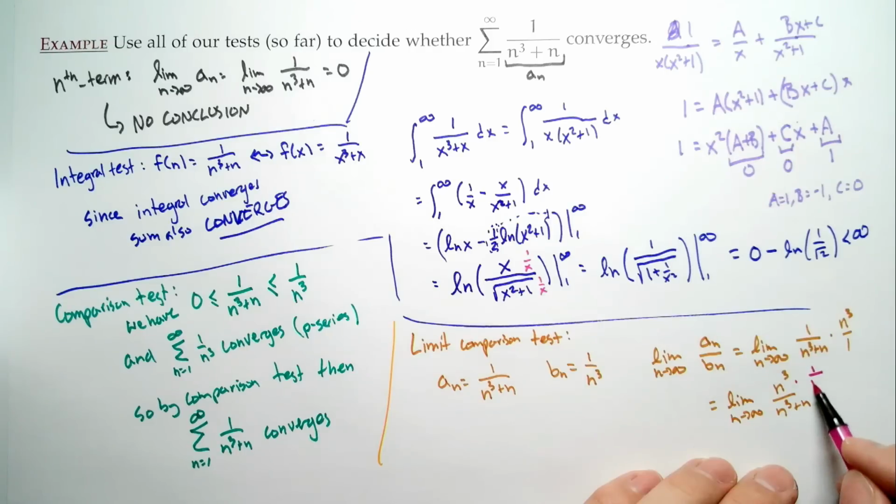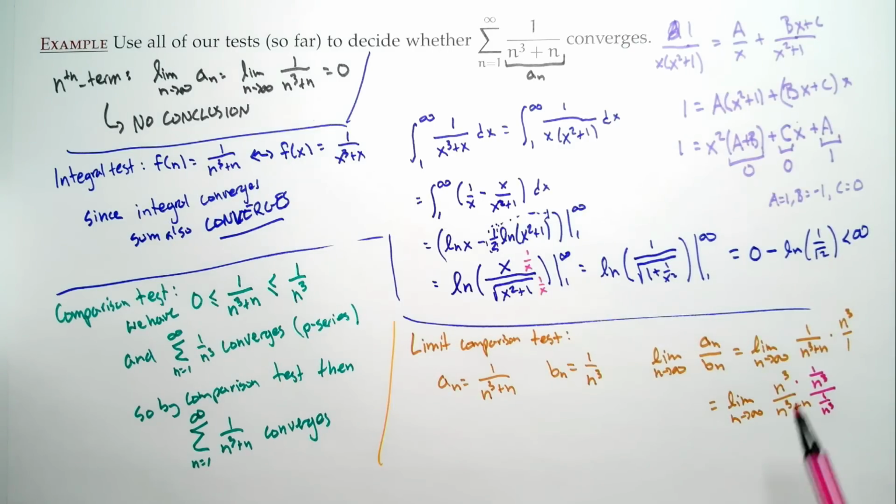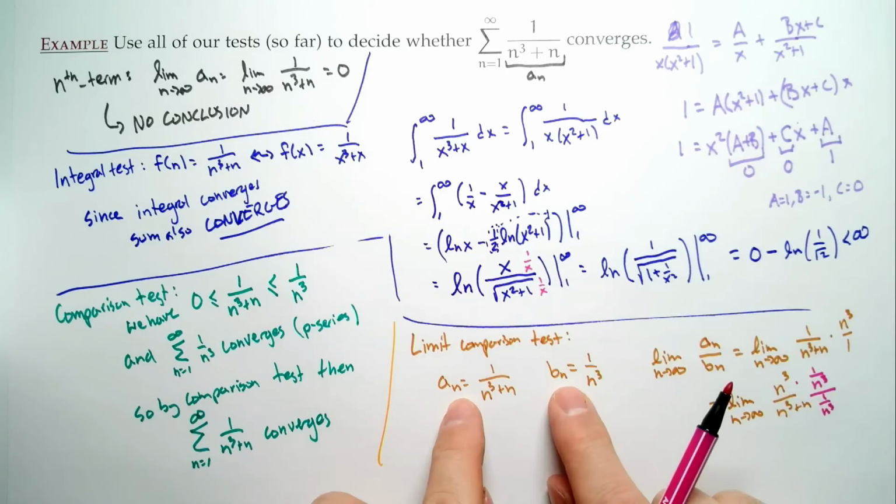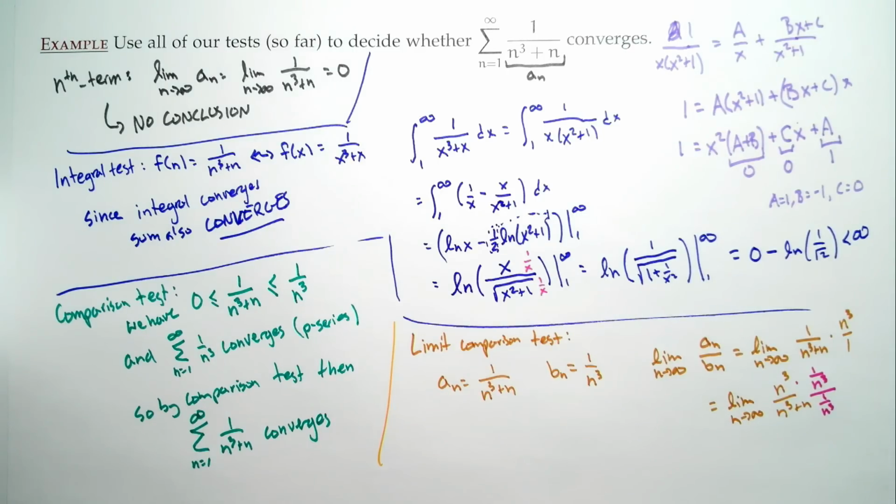Well, let's divide the top by the growth, n cubed, and divide the bottom by the growth, n cubed. And you'll see that we've rigged it. In fact, the way that we want to use the limit comparison test is to choose things so that the growths are the same. We always try to pick our b sub n so it grows like a sub n, just a little bit simpler expression.